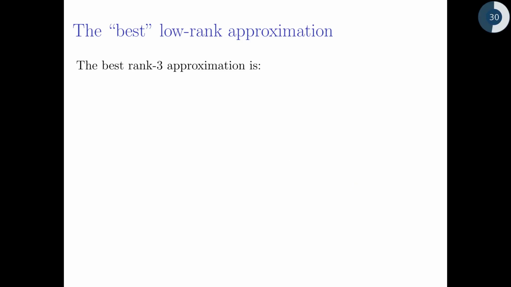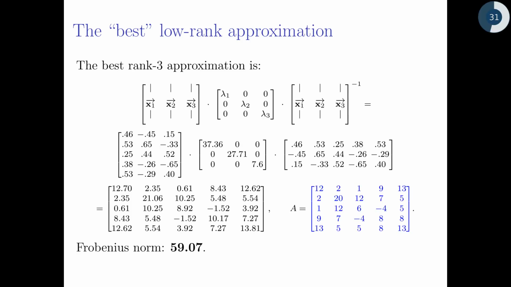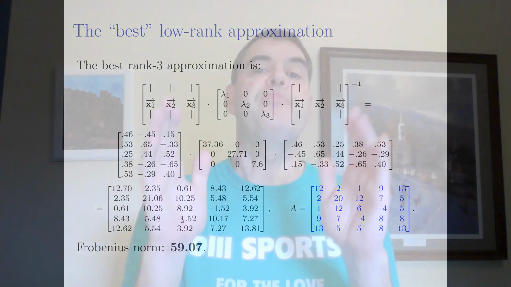Let's go with 3. What if we want to use the best rank 3 approximation? Well, we would take the top 3 eigenvectors and the top 3 eigenvalues, put it all through the machine. Out comes the sauce, and if we compare this black matrix to this one, it's kind of hard to eyeball and tell that this one's better, but I assure you it is. The Frobenius norm is about half what that other one is. So you can see the picture here, right? Every time we add another eigenvector, we are getting a better and better approximation.